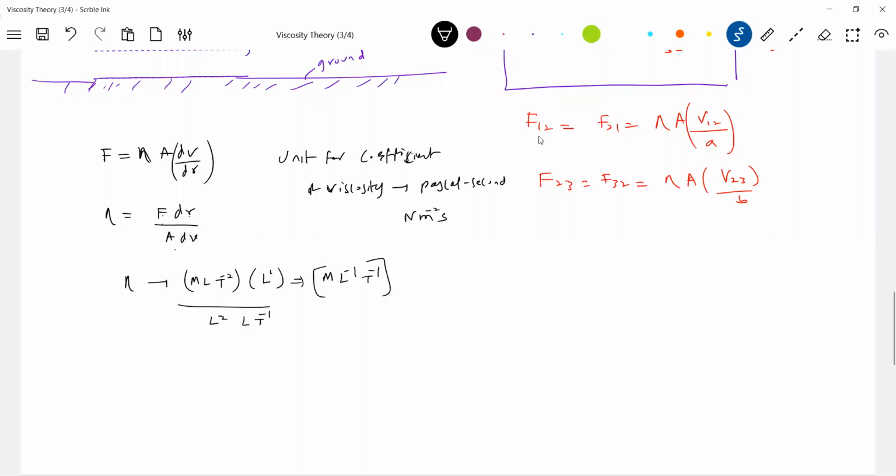Newton per meter square will be the force per area, like a pressure, and then the second will come, so Newton second per meter square. This is the Pascal second. This is what we also call the Poiseuille. The SI unit is Pascal second, or you can also call it the Poiseuille.